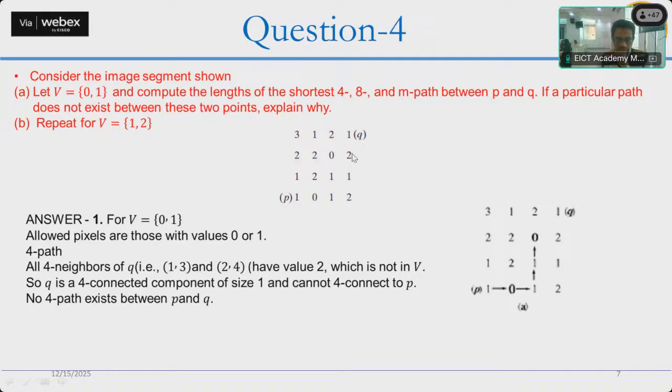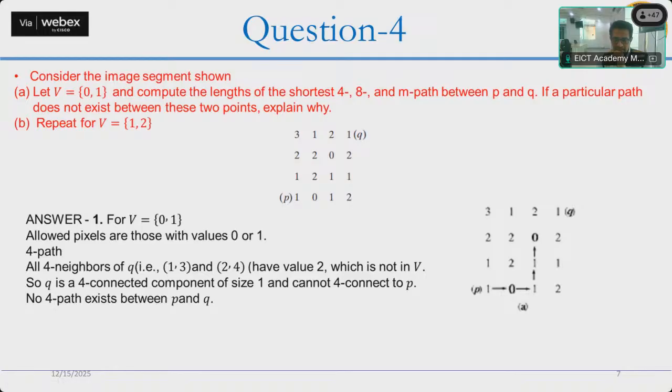Now we see this one. What is the path here? 1, 2, 0, a neighborhood path, because you only have to consider the two elements 0 and 1. We go to this one, first path. Then we go to the second path, then this one, third path, and then the fourth path.